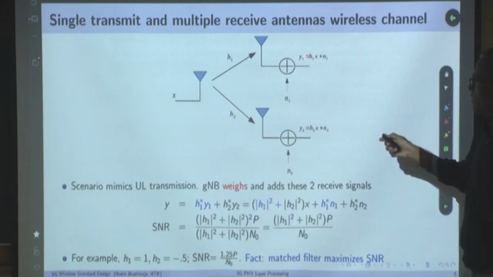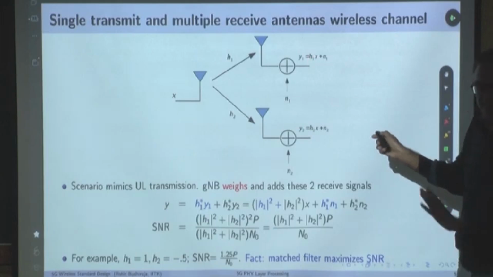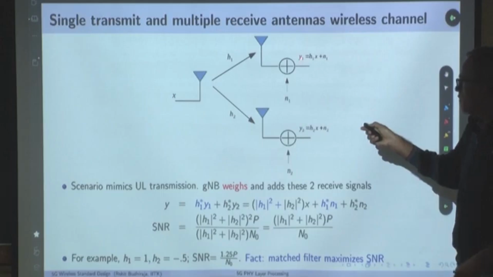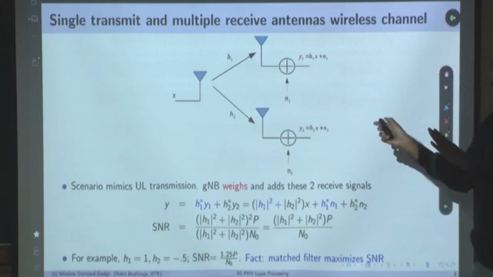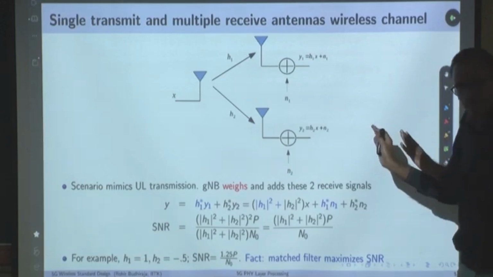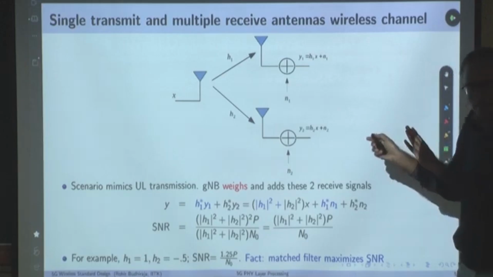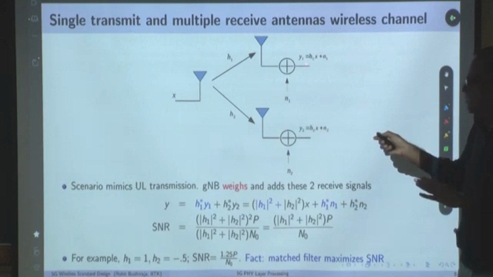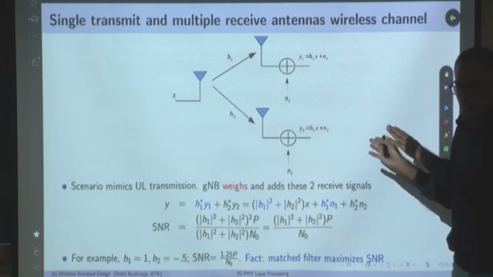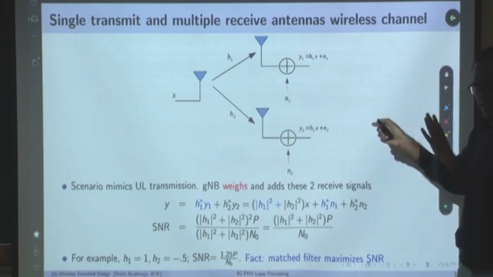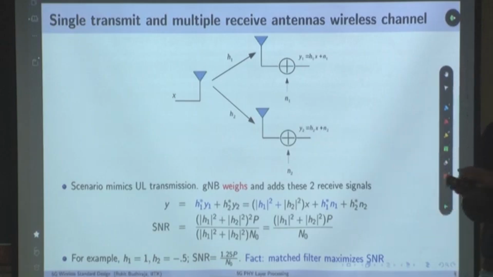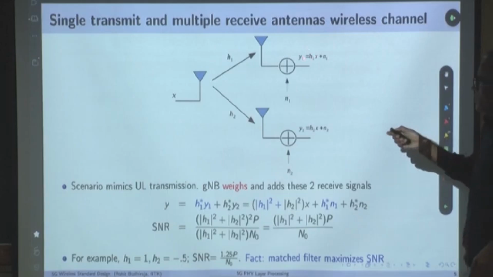The signal received here will be y1 is equal to h1 plus n1. So y1 is actually the channel, and the receiver is able to estimate the channel. If data is not transmitted and a known signal is transmitted, the receiver is able to estimate the channel. With noise, y1 will be h1 plus n1, let us say n1 is also close to 0, so y1 becomes h1.